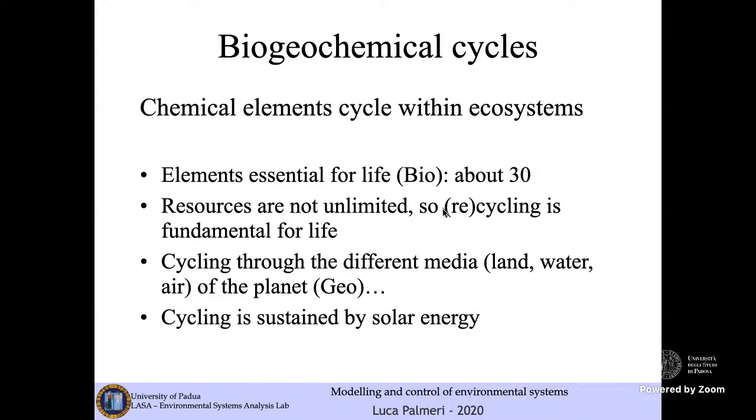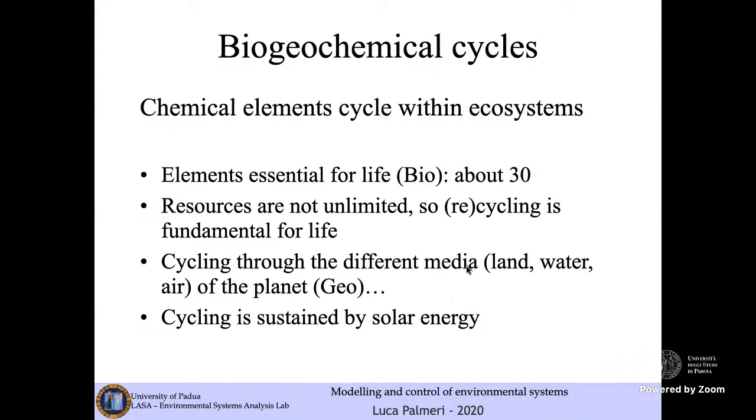So as we have said several times, recycling is essential for life processes. Cycling through the different media, land, water, air, and biosphere of the planet, so through the geosphere, is essential in order to understand or to define the ecological conditions of a system.